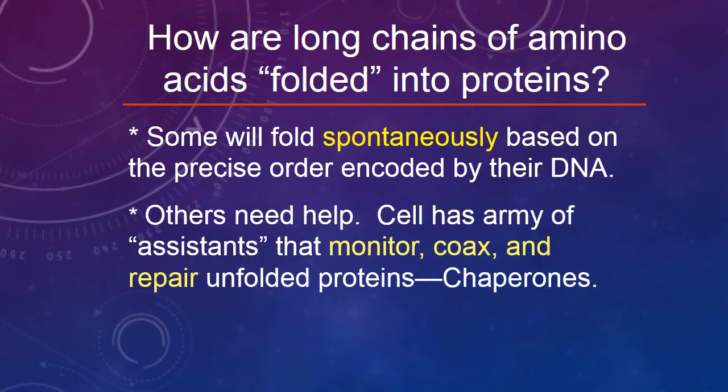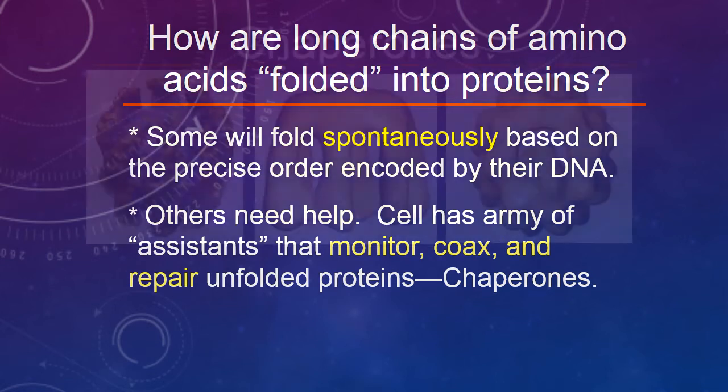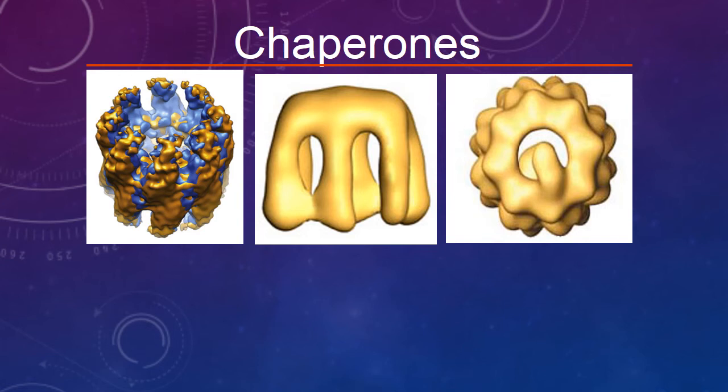Others need help, and a cell has an army of assistants that monitor, coax, and repair these long chains into folded proteins. They're called chaperones, kind of like an adult chaperoning a high school prom. These are various examples of protein chaperones that help fold amino acids into a usable shape.